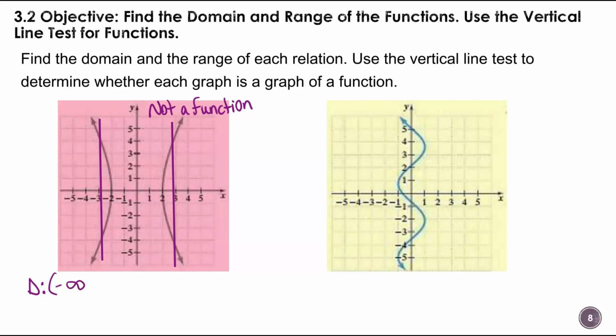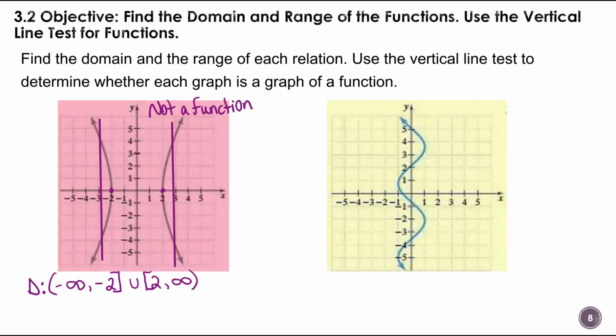So here's how I have to name this one. Negative infinity, and we go to -2. Okay, so I'm going to say -2, and this one is a union. Then it picks up again at +2, and then to infinity. Just look left to right.